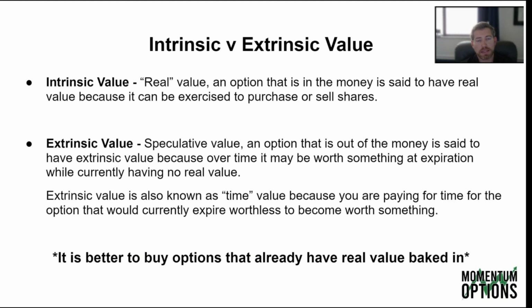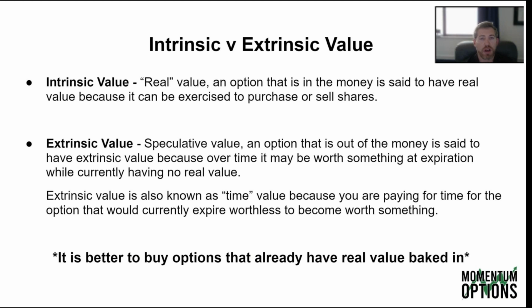So it's typically a much better idea to buy options that already have real value baked in. And I recommend buying at the money options. Don't buy options with a delta less than 30 for sure. Typically, I really want a delta higher than 40, more targeting the 50 delta area.